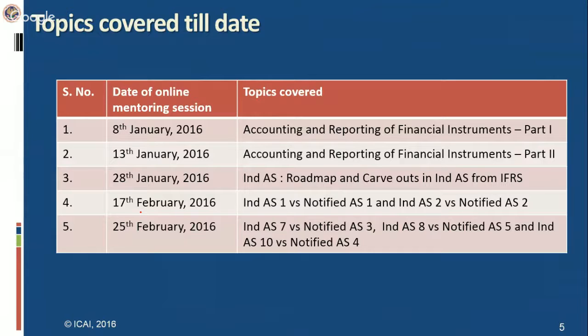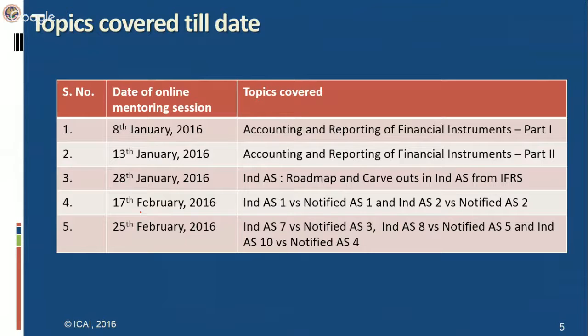This is not a new topic, but since earlier we were studying it on the basis of existing AS 30, 31 and 32, a modification has been made, according to which you now have to study accounting and reporting of financial instruments based on Ind AS 32, 107 and 109.